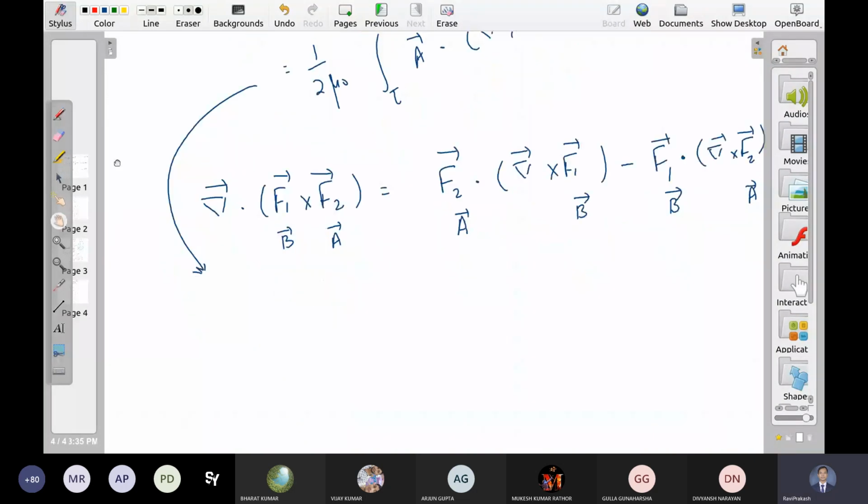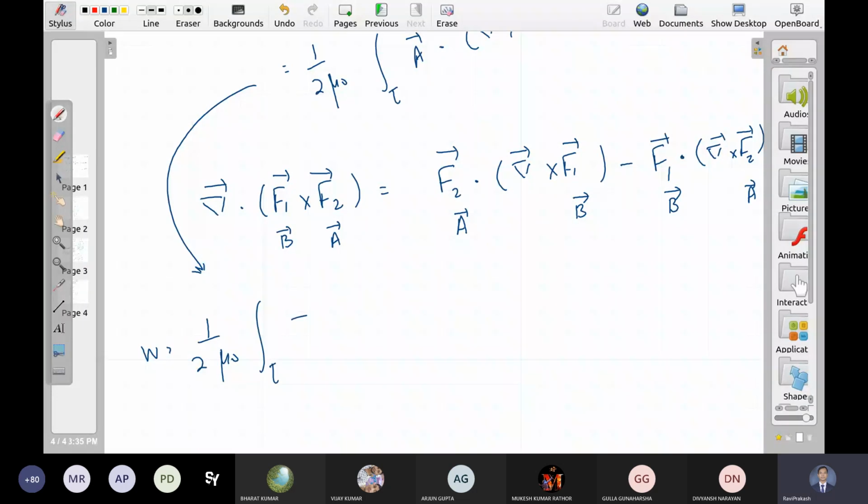W is equal to 1 by 2 mu naught integral of del dot (B cross A) plus B dot del cross A. Minus, sir? Yes, minus.